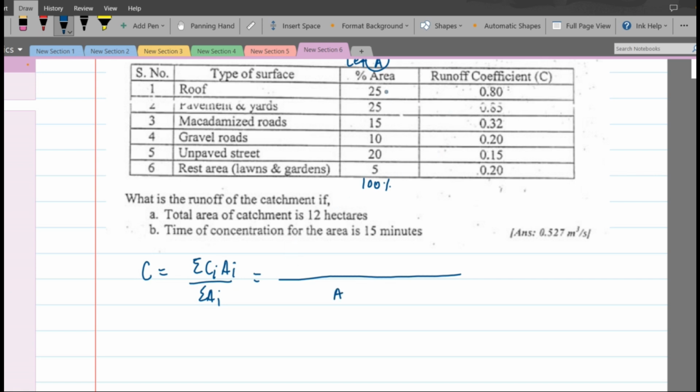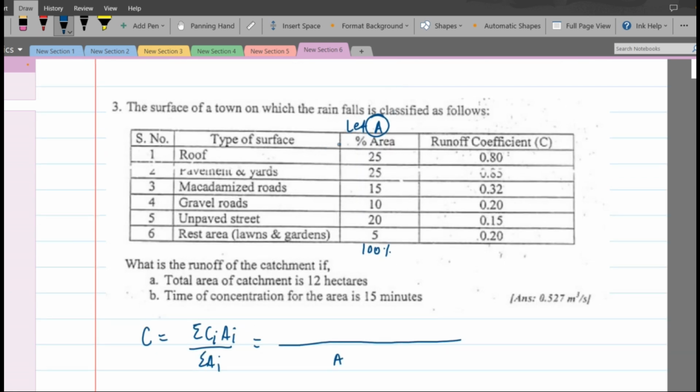Now in the numerator, the first one will be the area A1. Here A1 will be 25% of A, that is 0.25 A, right? Here it will be 0.25 A, then A2, A3, 0.15 A, and here 0.1 A, and here 0.2 A and 0.05 A, right?